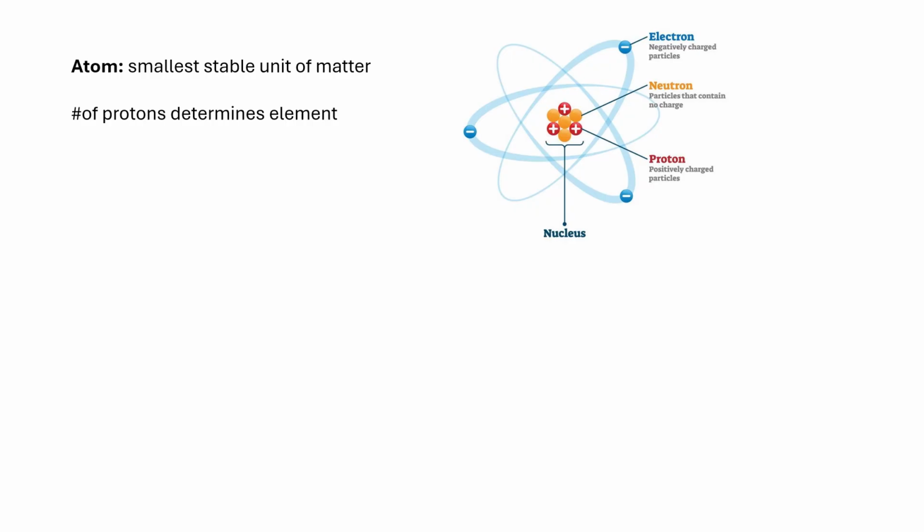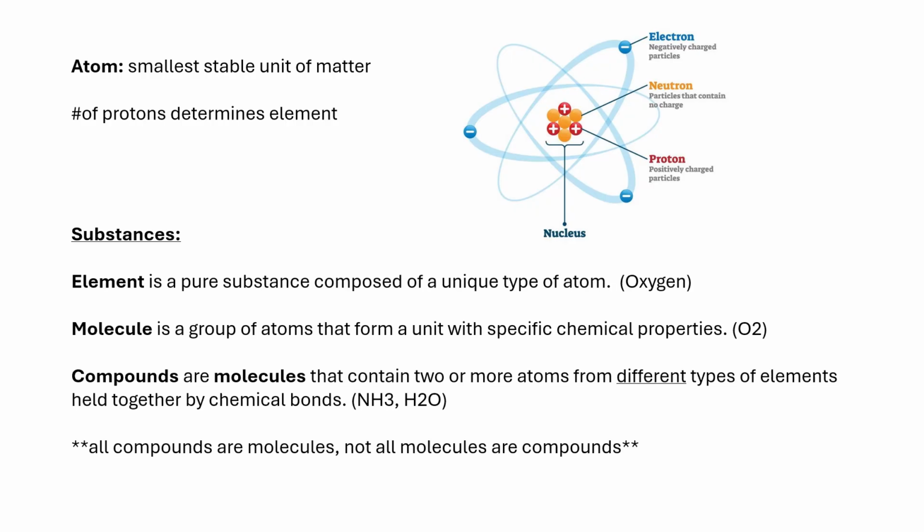Now, a molecule is a group of atoms that form a unit with specific chemical properties. In a molecule, the atoms may be the same element or different, and we use a small subscript with the element symbol to show how many atoms of the element there are in a molecule.